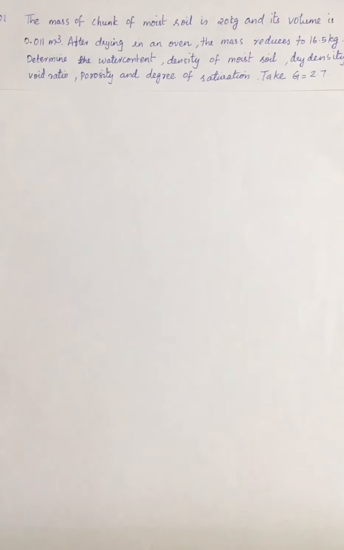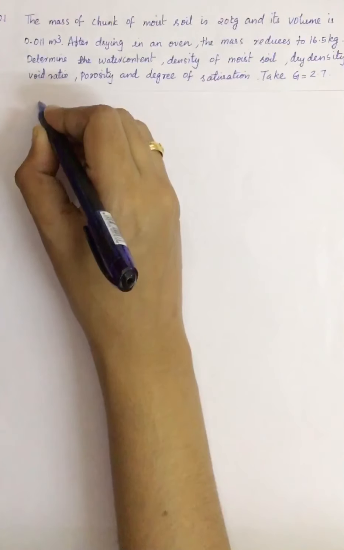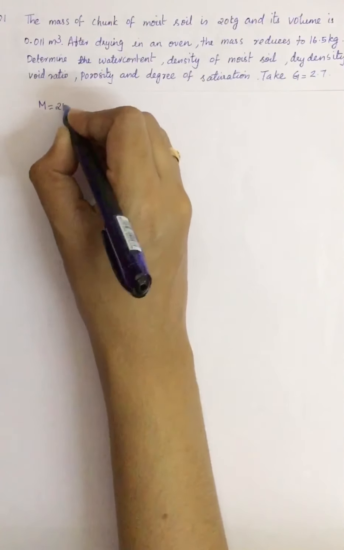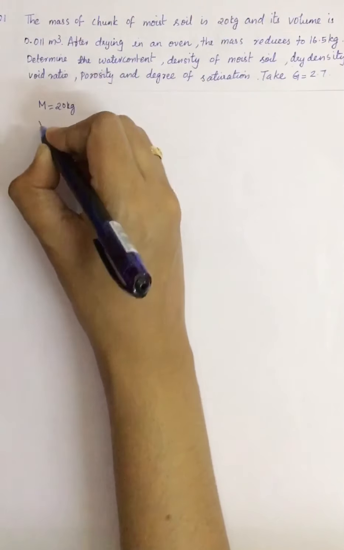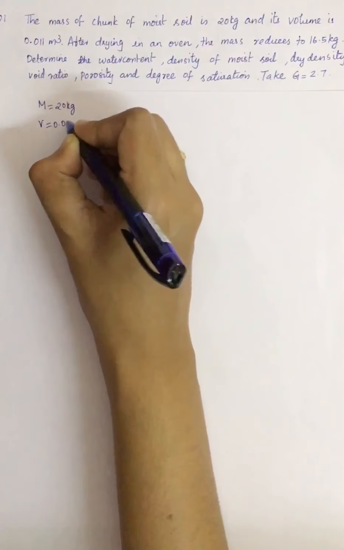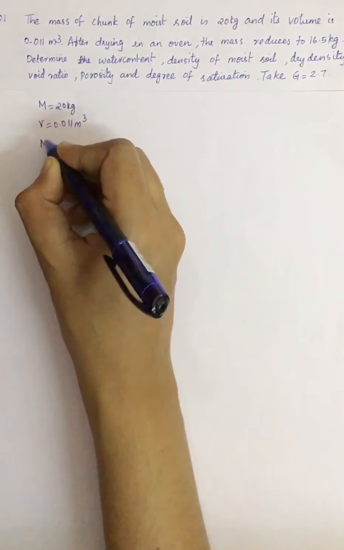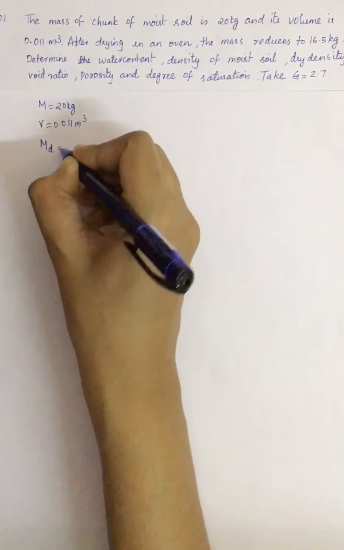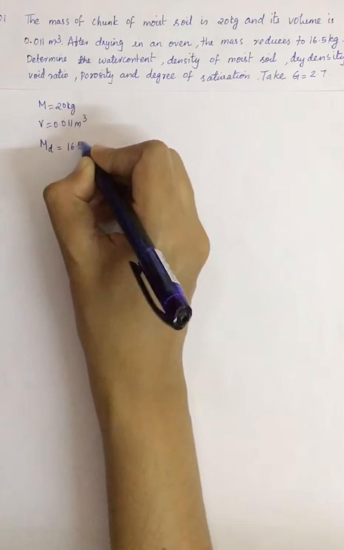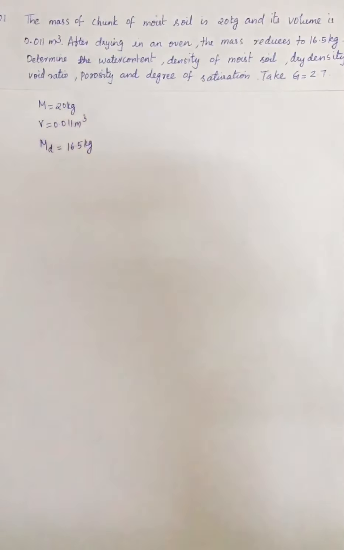So in this problem, they have given the mass of the moist soil, that is 20 kilogram, and its volume is 0.011 meter cube. When it dried in an oven, the dry mass reduces to 16.5 kilogram.